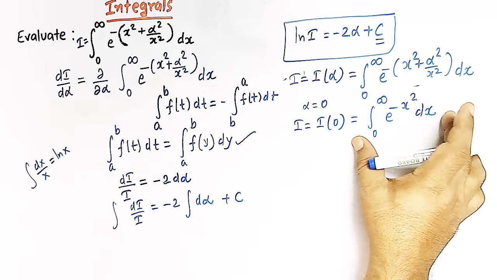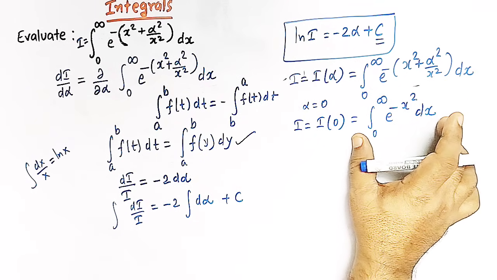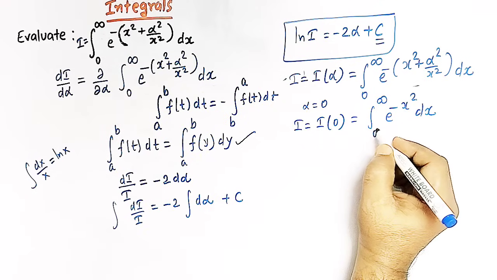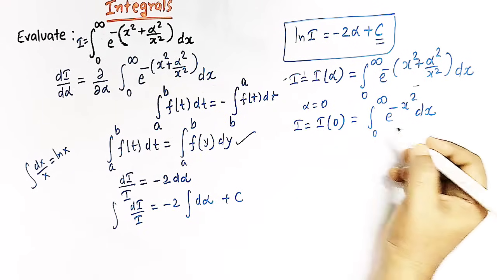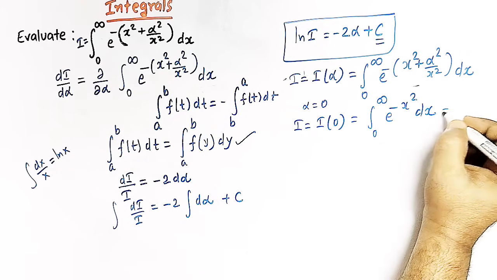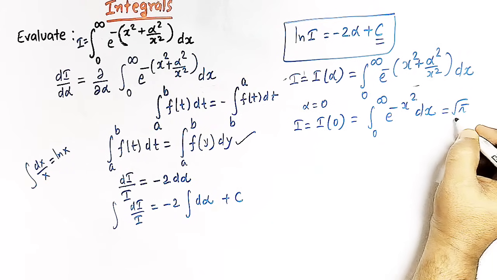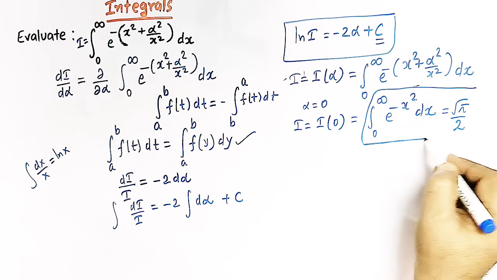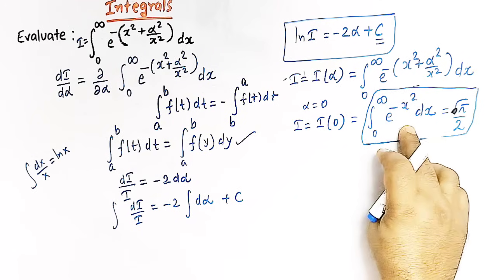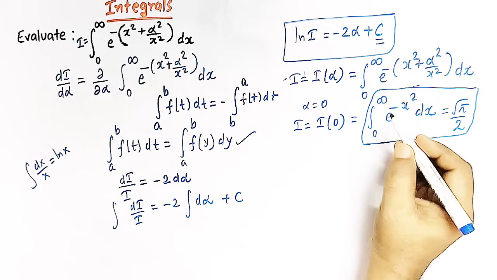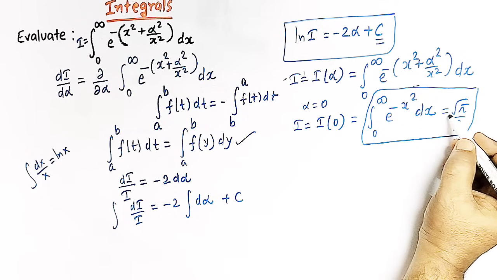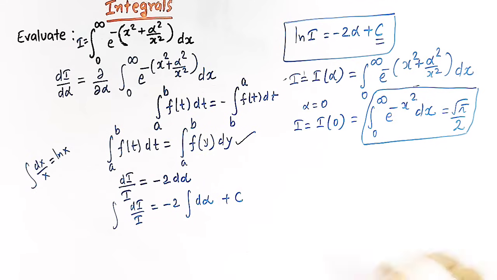So now this is a standard integral that is also known as the Gaussian integral, and the value of this integral is equal to square root of pi over 2. So here we'll make use of the direct result. The value of the integral 0 to infinity e raised to minus x square dx is equal to square root of pi over 2, right?